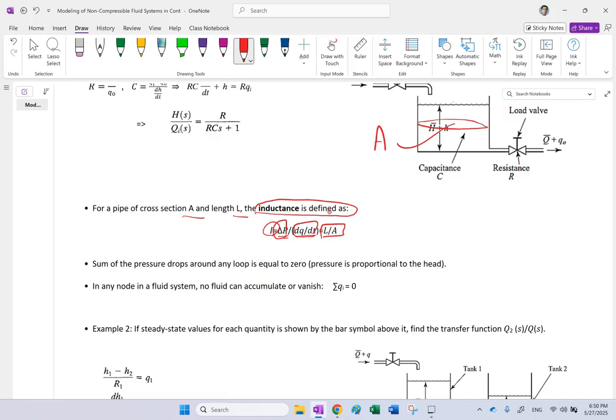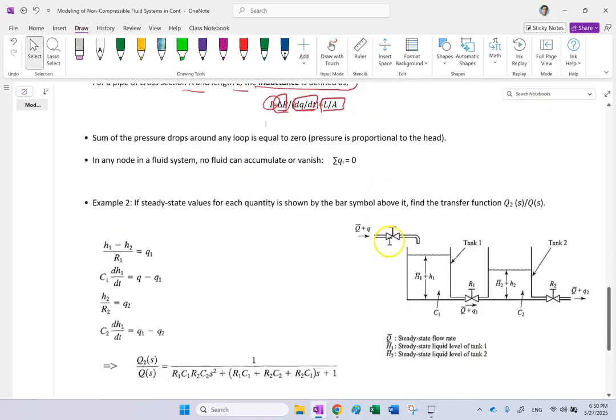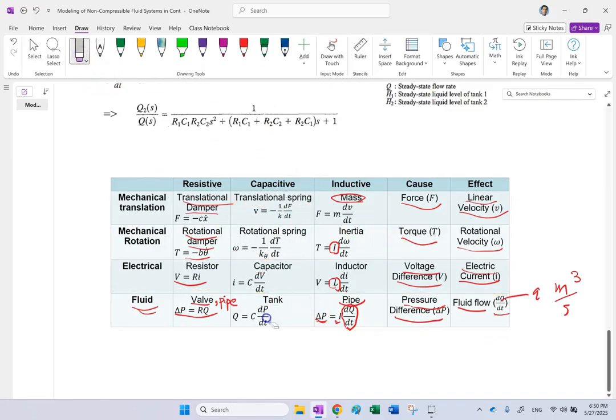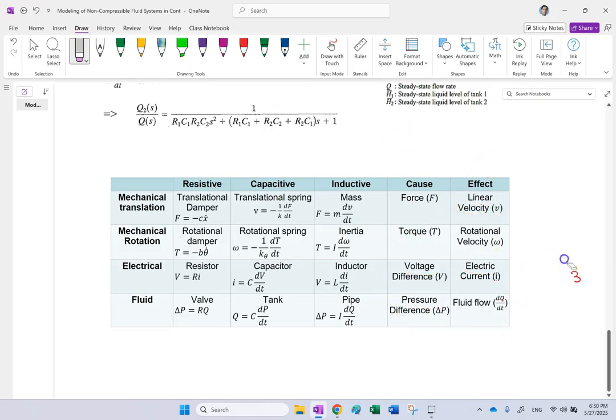Now to make this complete, remember in electric circuits, when we wanted to model them, we had the capacitor element, the inductor element, and the resistor element. Now here in the fluid system, we have similar things.